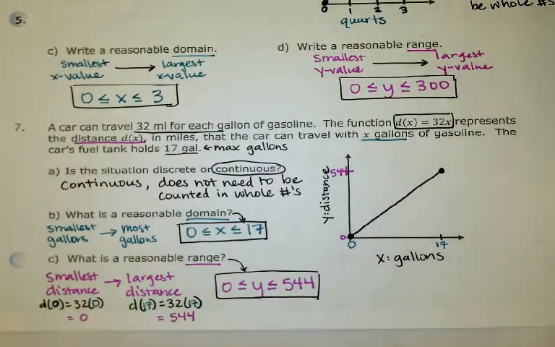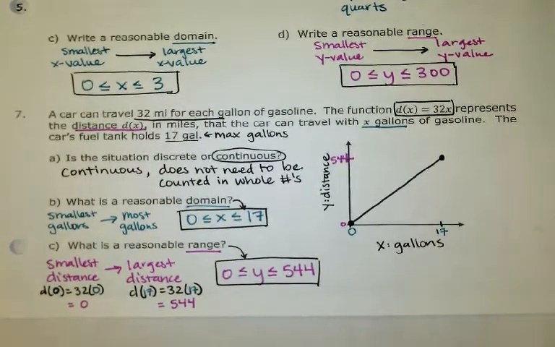So this situation again is continuous, because you don't have to spend exactly 1 gallon of gas. You can spend half a gallon, 0.75, 4.5 gallons. It can be counted in halves, decimals and fractions. So in this case, my reasonable domain was the smallest gallons to the most gallons.